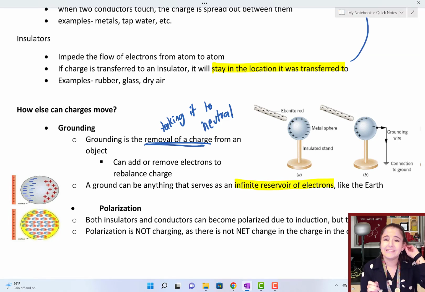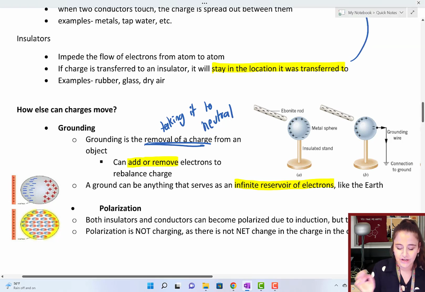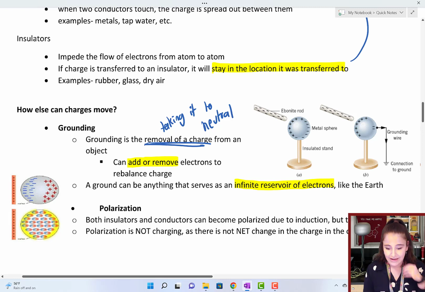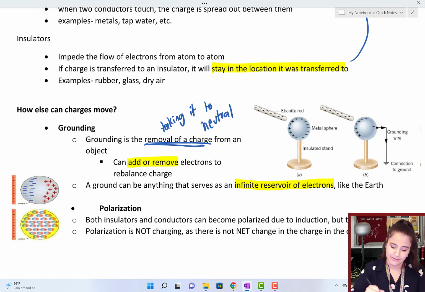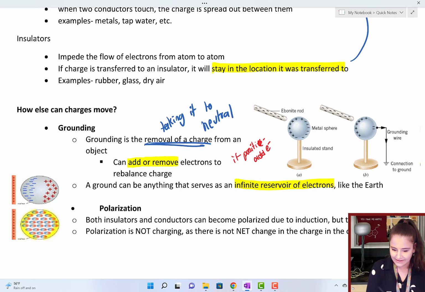Since it is an infinite reservoir, there's tons of electrons there available, it can add or remove. If you touch a grounding object to a positively charged object, it's going to add electrons. So if positive, it will add electrons, whereas if it's negative, it will remove them.